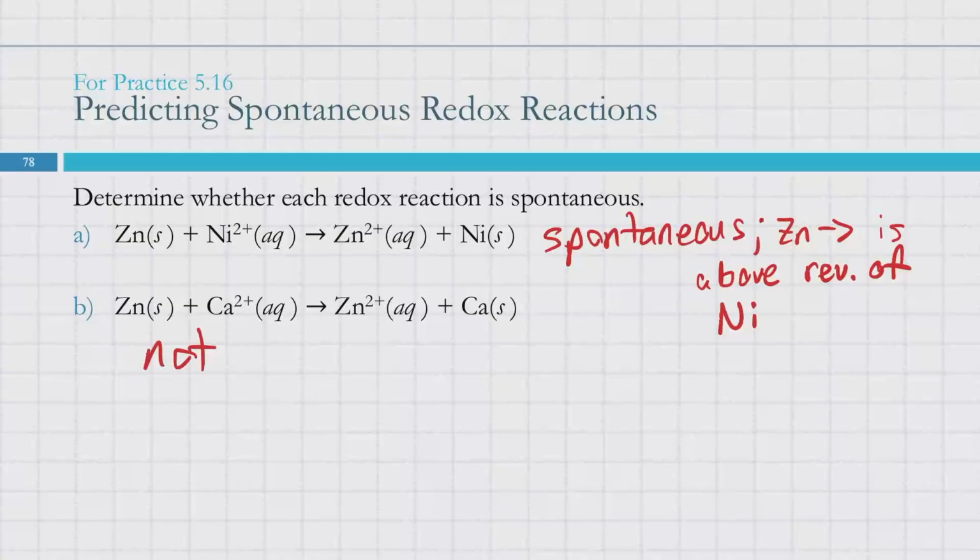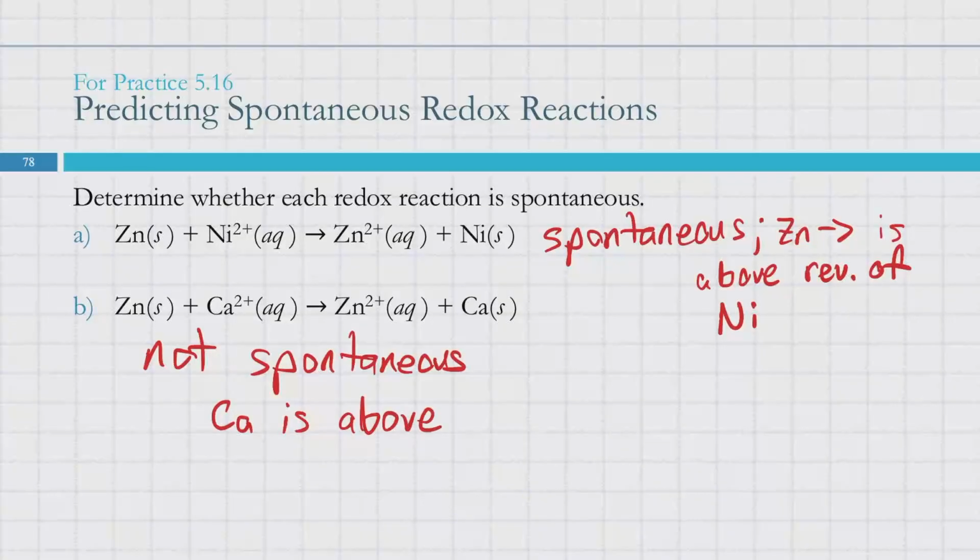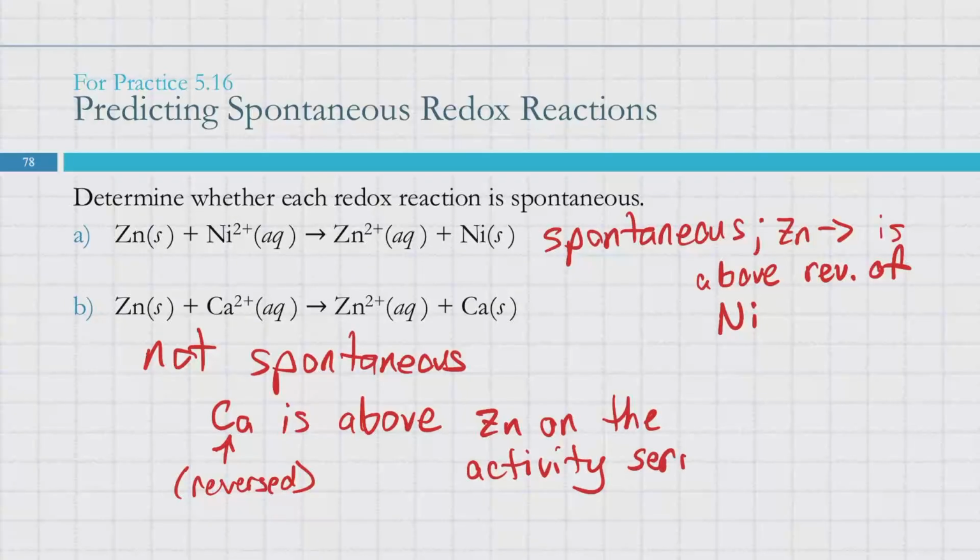And B is not spontaneous, because calcium is above zinc on the activity series. Again, this will be covered more in depth in Chem 2 if you go on to take Chem 2. Otherwise, this is, I think, all the treatment that we'll get for the activity series.